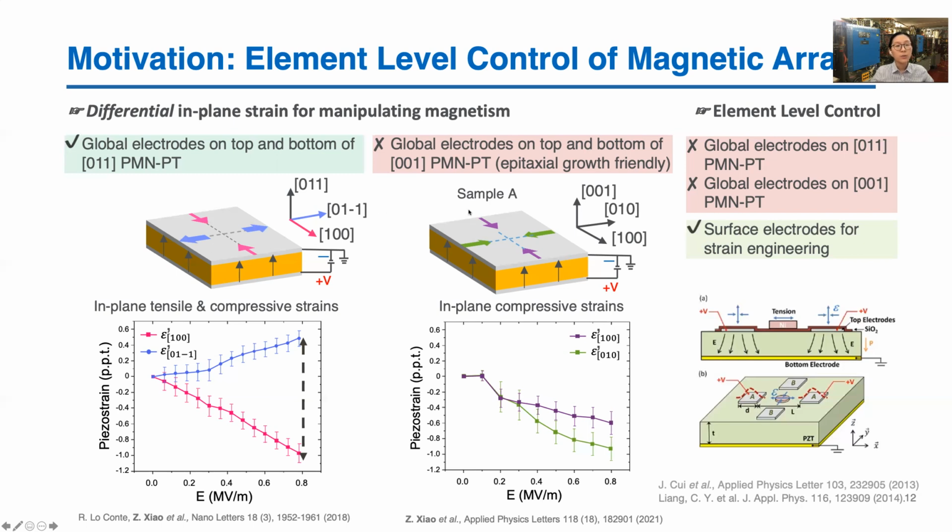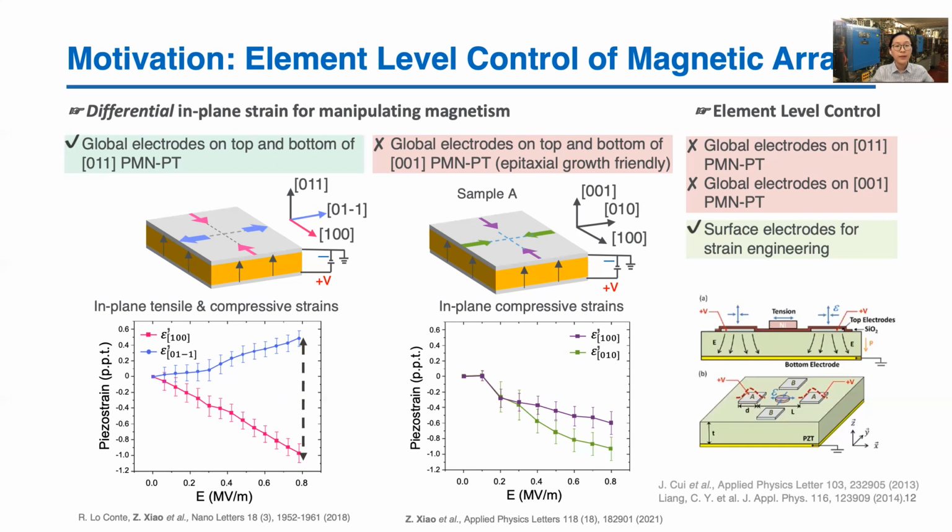Well, so these PMN-PTs have 011 cuts, but if we are using those 001 cut PMN-PT with global electrodes, we will get compressive strains along both directions that we are looking at in plane, 010 and 100. So these are not ideal for us to generate differential strain, but these types of substrates are useful for some actual growth.